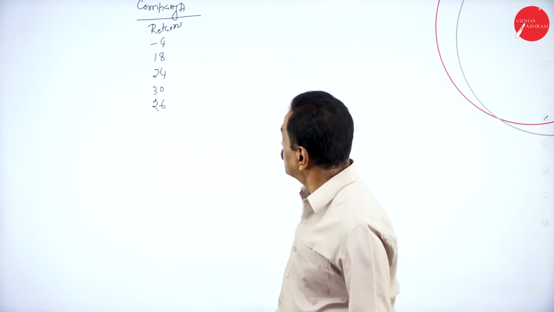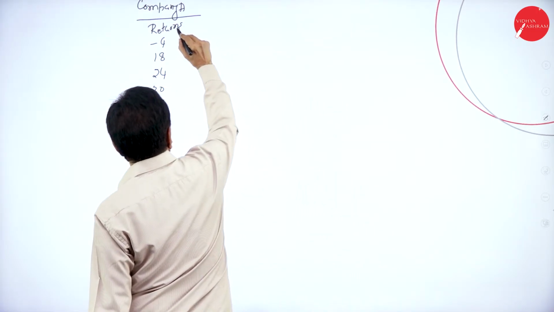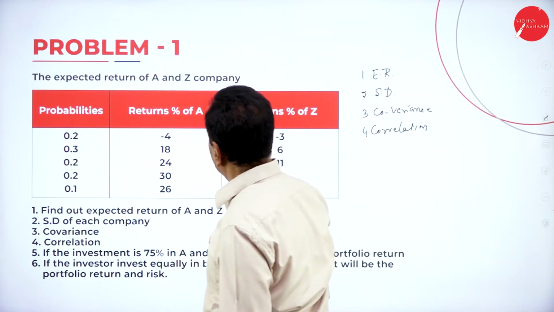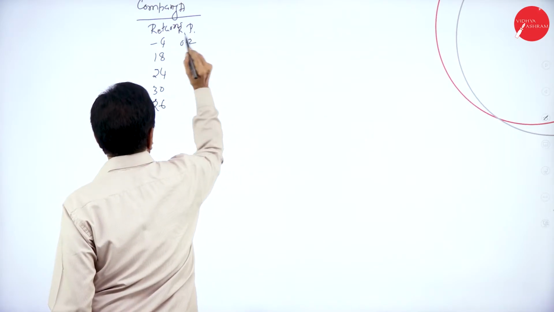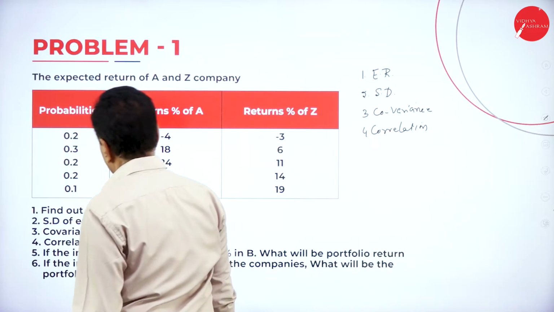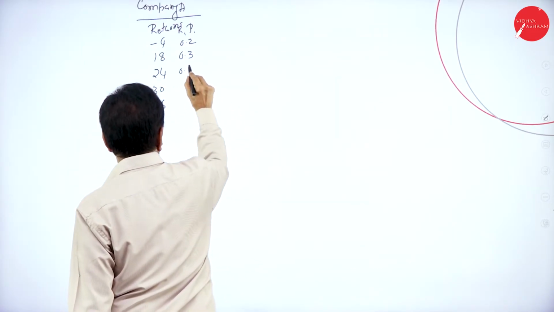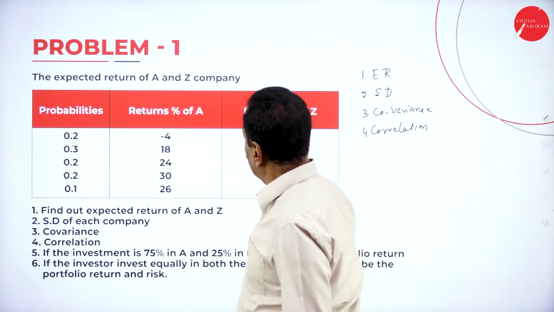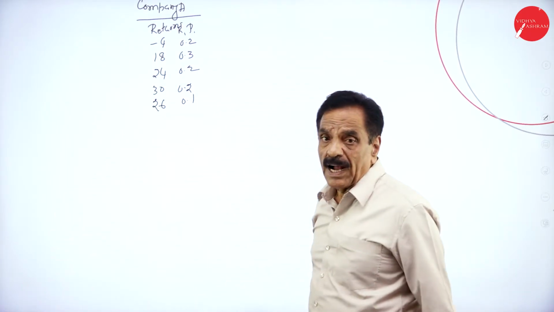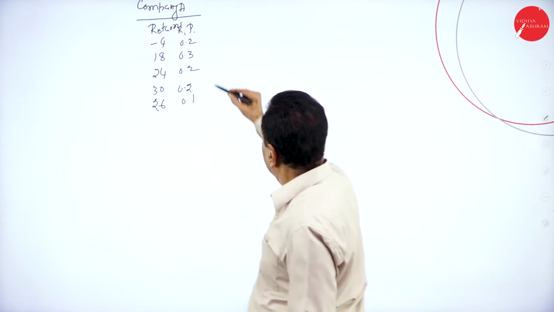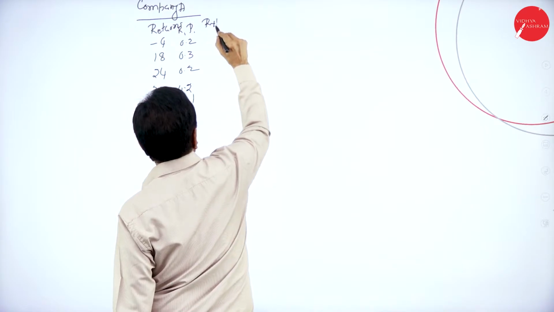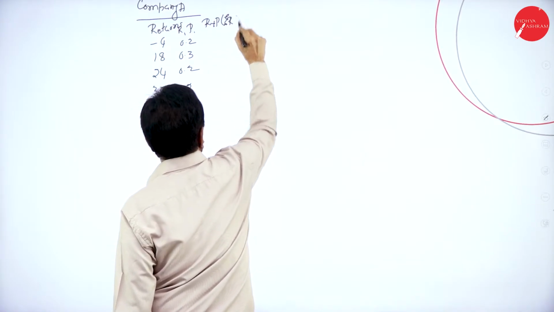So these are all the returns, R1 we can say. Probability: what are the probabilities? 0.2, 0.3, 0.2, 0.2, 0.1. See that if we add the probabilities it is equal to 1. Then R into P is your expected return.